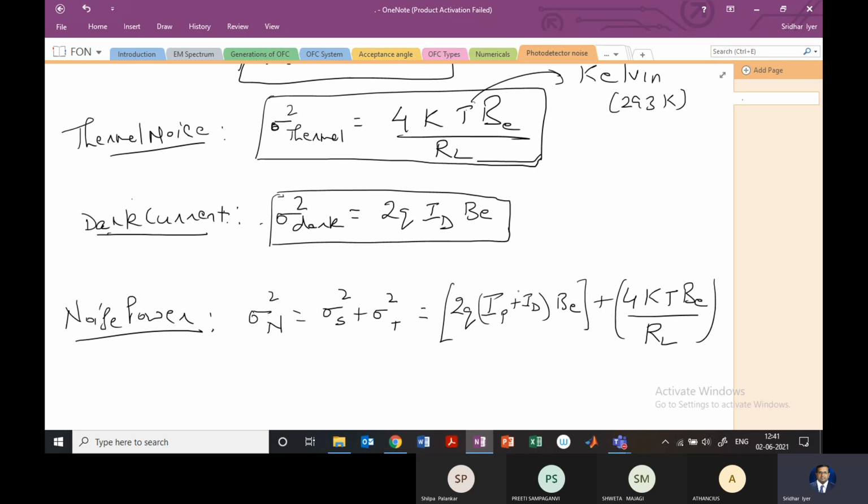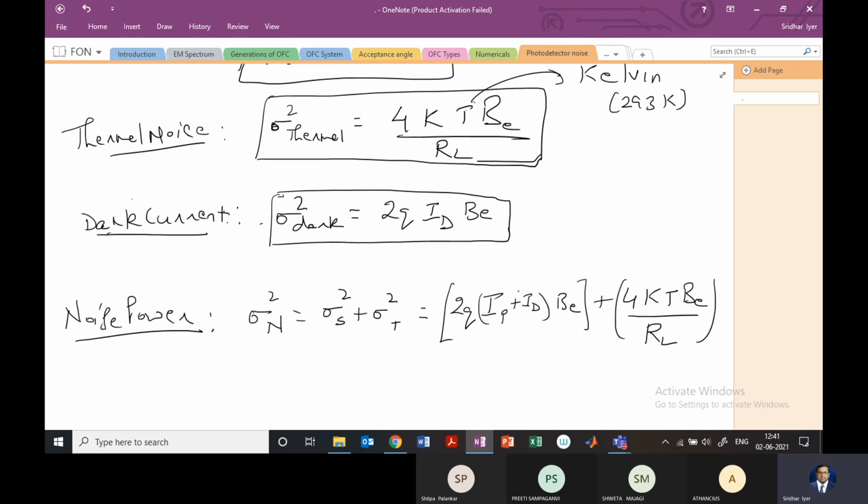These are known as the variances. There is mostly always a numerical on this to calculate the signal to noise ratio, and sometimes they ask you to explain the various noises.